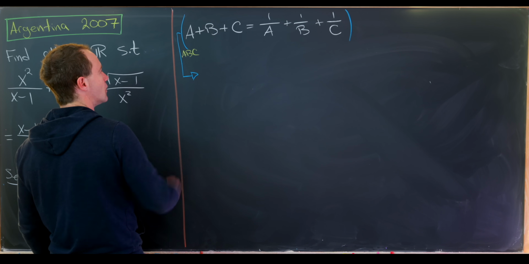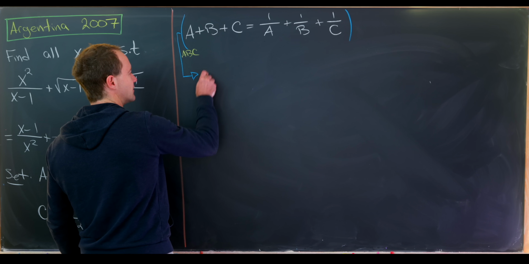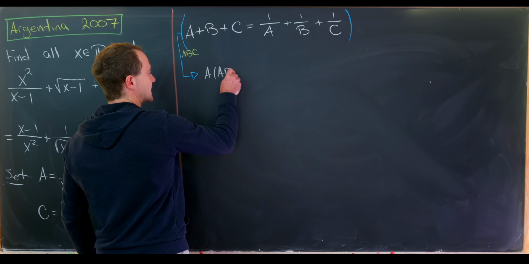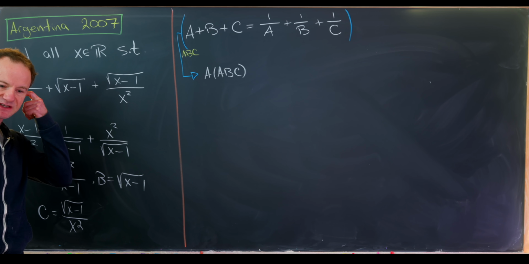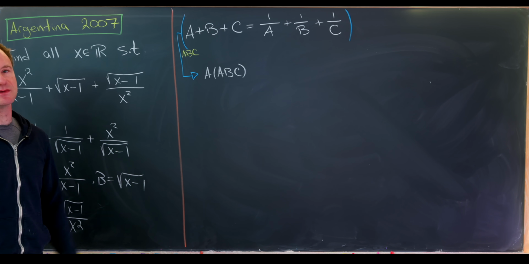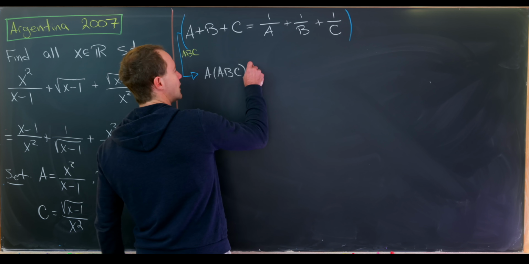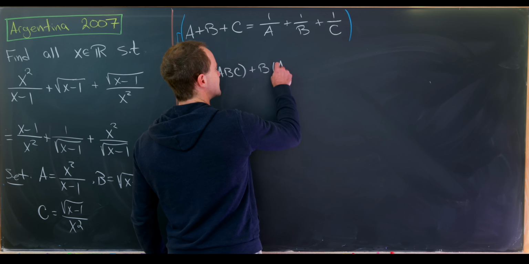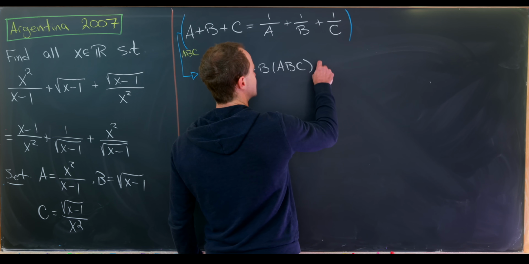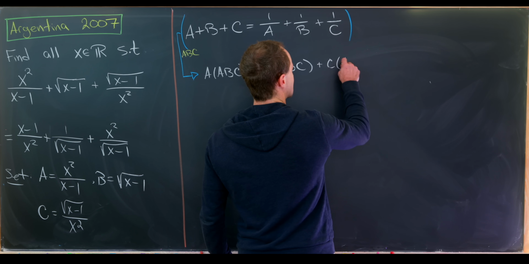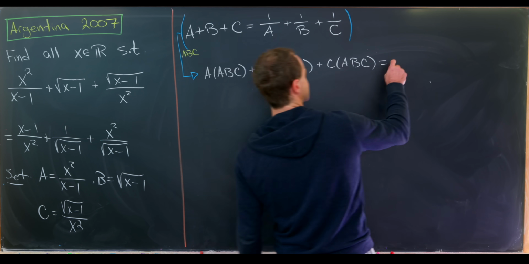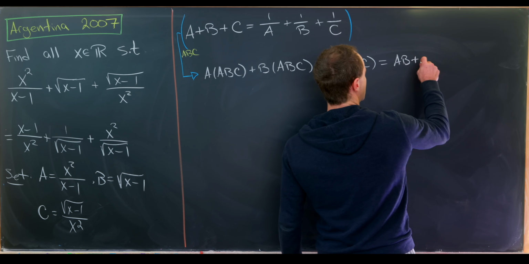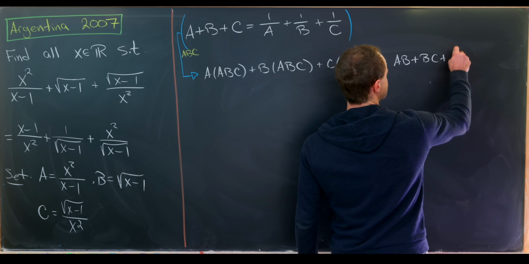Okay, so over on the left-hand side, that'll leave me with A times B times C. So I won't write that as A squared times B times C because, as we'll see, we'll get some nice simplification. Then we'll have plus B times A times B times C, and then plus C times A times B times C. And over on the right-hand side, we have AB plus BC plus AC.